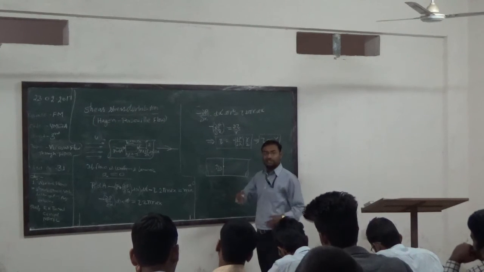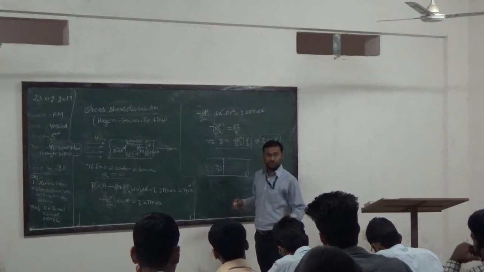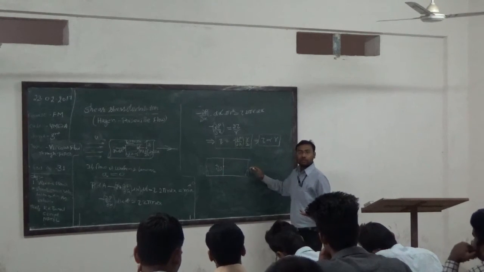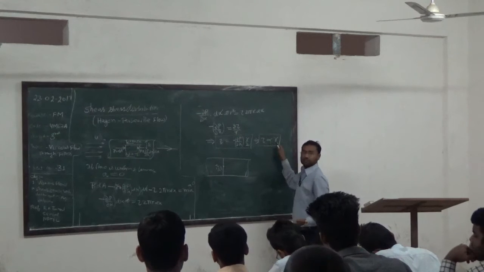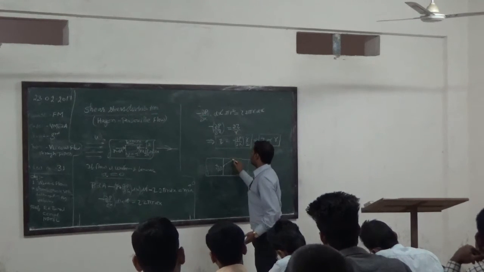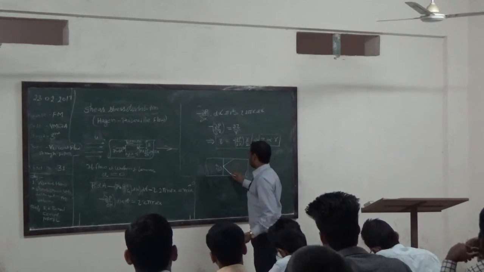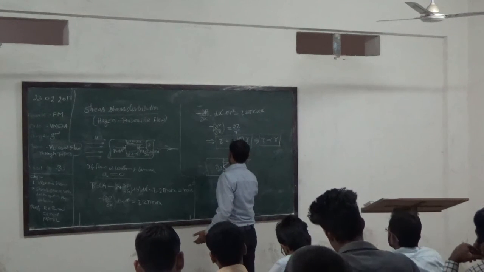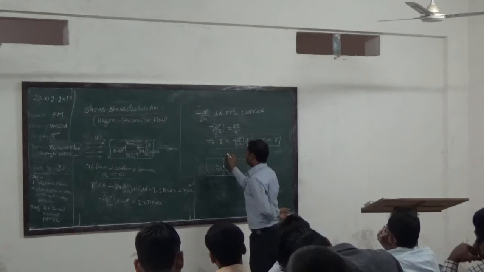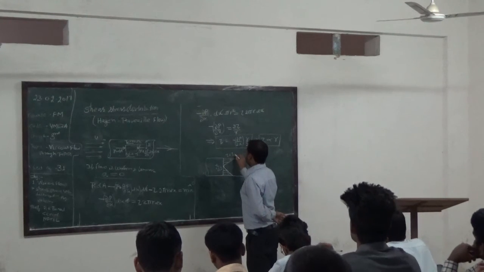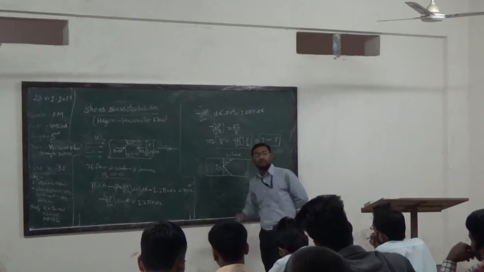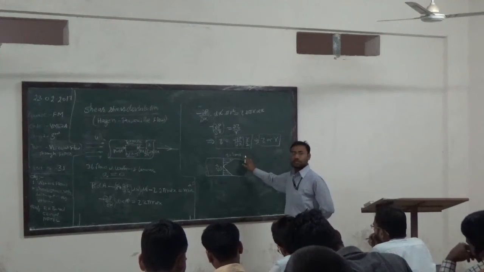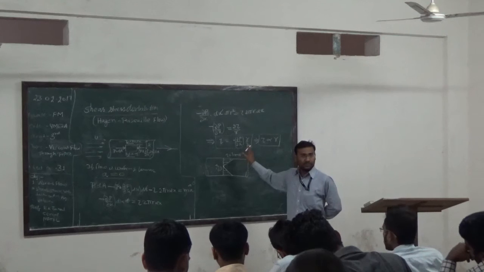As the radius increases, the value of shear stress also increases, but linearly. Okay, linearly. And at the pipe surface, tau is equal to tau maximum. At the surface of the pipe, the value of shear stress is maximum.